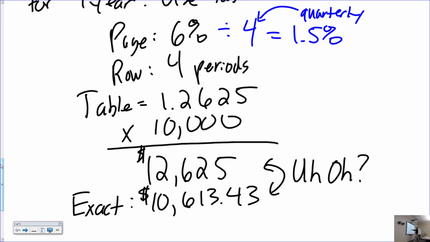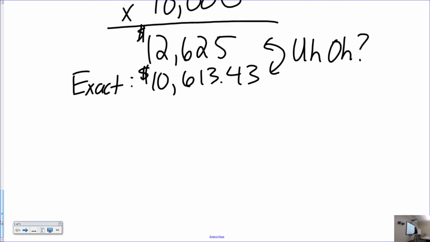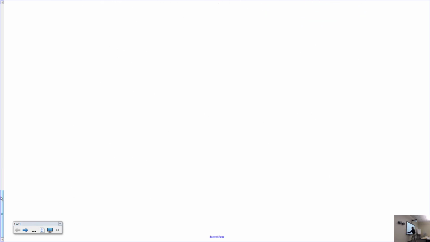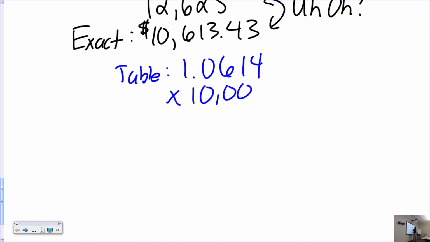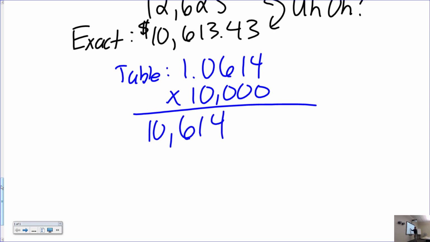So if we go to the 1.5% page, what's our table entry? 1.0614. Now multiply that number by 10,000 and see how we look this time. 10,614. $10,614.